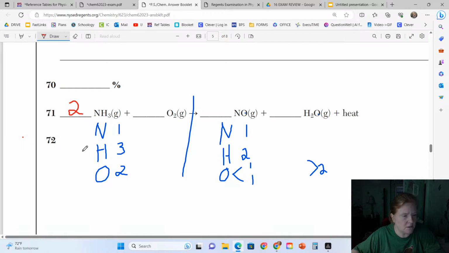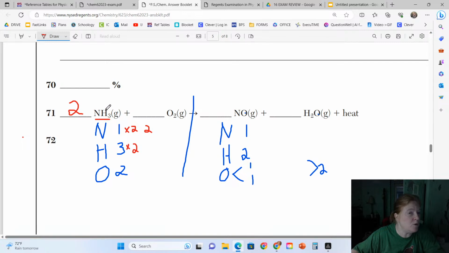So I'm going to put a 2 in front of here. When I do that, I multiply nitrogen times 2. So that gives me 2 nitrogens. Hydrogen times 2, because I distribute. I put this 2 in, meaning I have 2 of these.